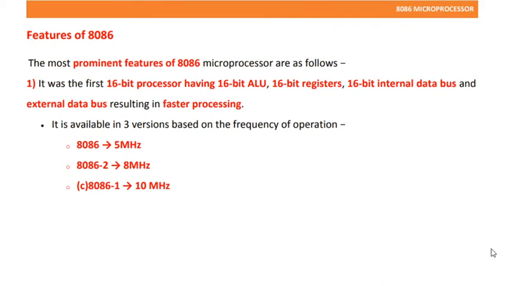Based on frequency, there are three versions in which 8086 microprocessors are available: 8086 microprocessor that operates at 5 MHz, 8 MHz, and 10 MHz.